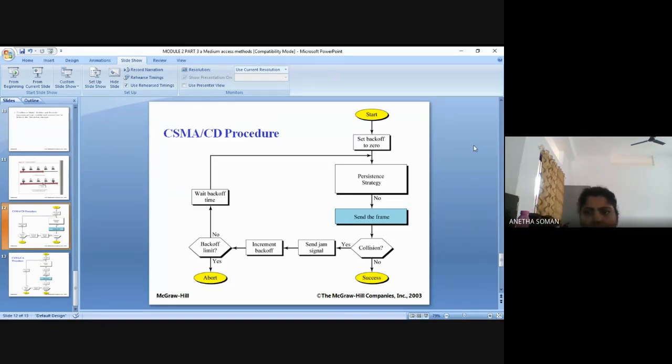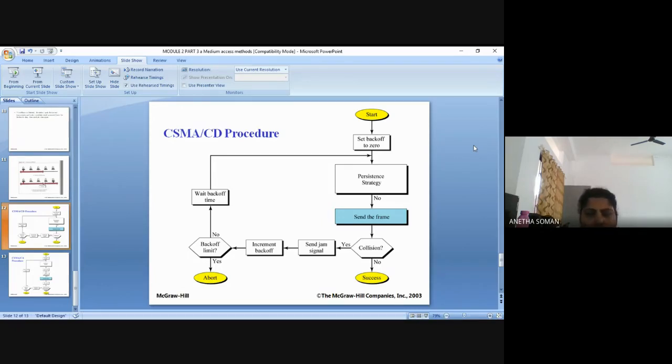Now, what happens if there is a collision? When there is a collision, the frame needs to be sent again. Now, in order to avoid the probability of collision for the second time, the first time it sent, collision happened. The second time also, they want to reduce the probability of collision.